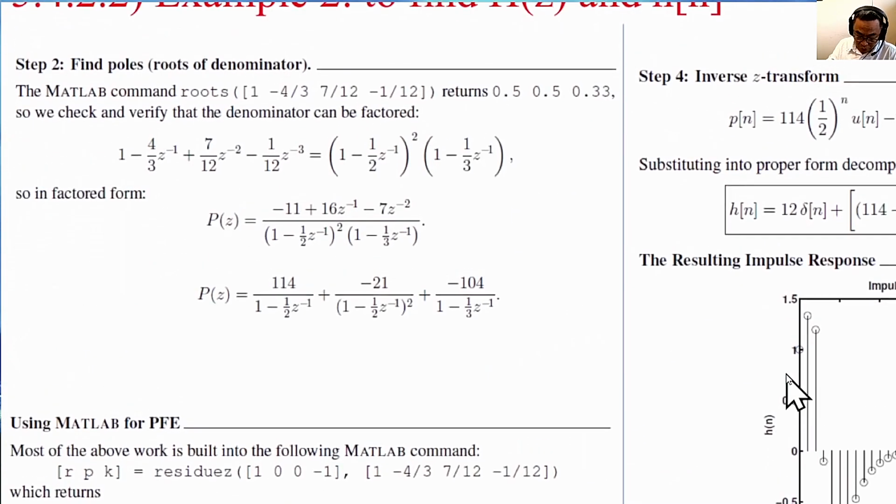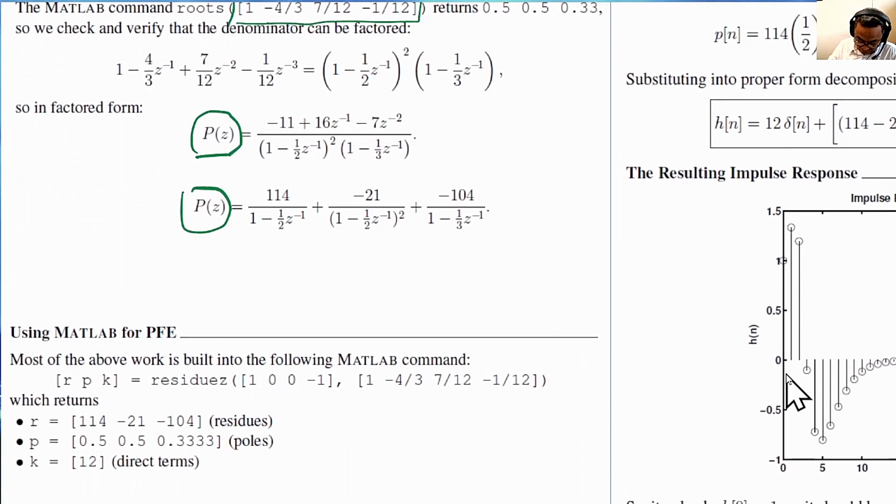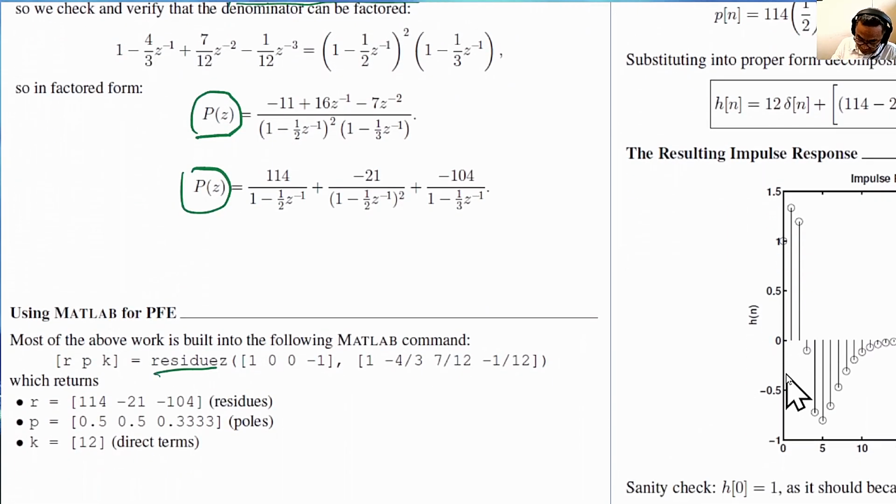Now the next page shows us how to find the P of z, because 12 is already taken care of. It is very error prone because we are now dealing with third order polynomials. So you're better off using residuez with the coefficients of the numerator and the denominator, and this is what we find.